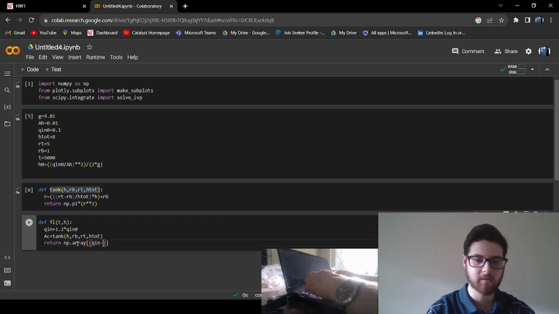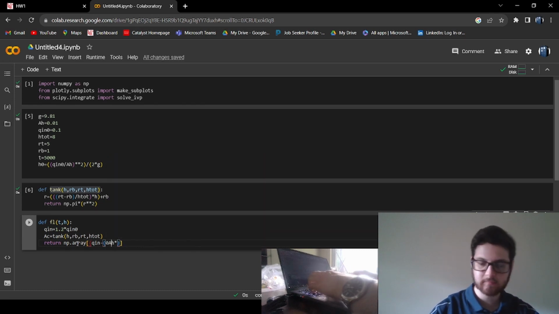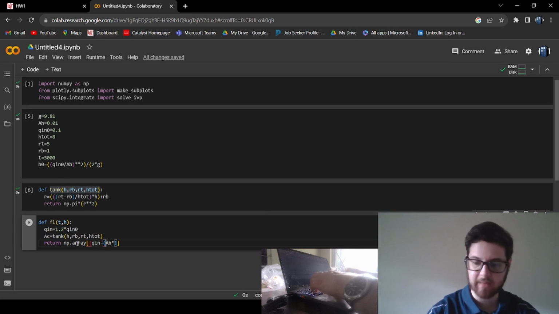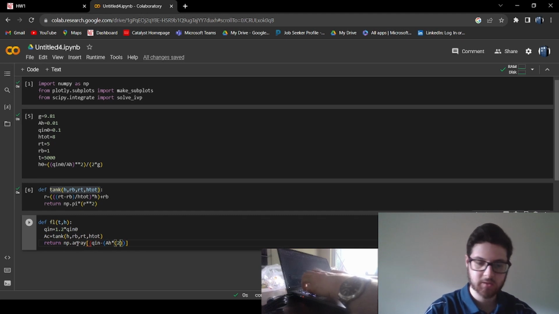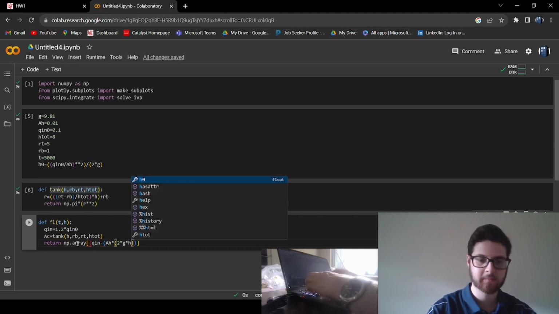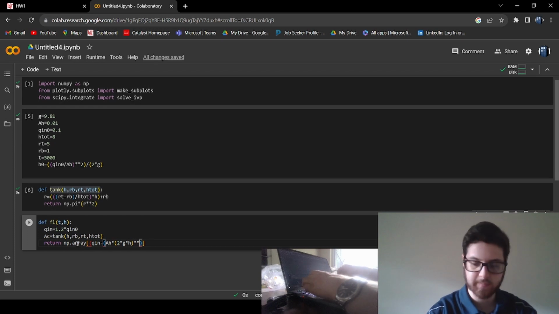Qn minus, the differential equation was Qn minus AH times 2 times GH, and then this 2GH is under a radical, so to the power of 0.5. All divided by AC.